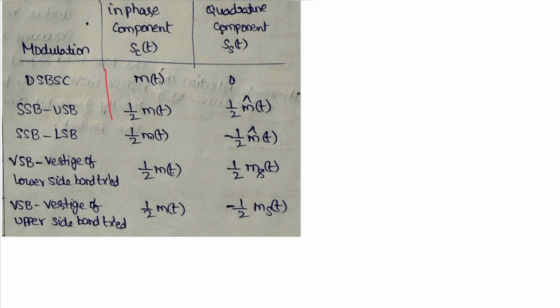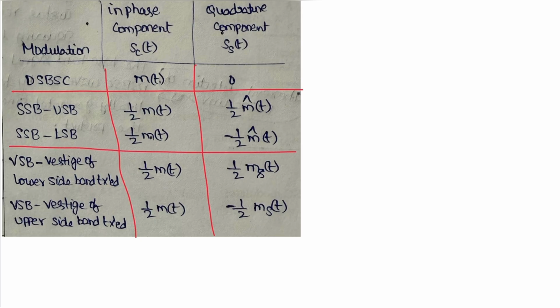If the signal is DSB-SC modulated, then the in-phase component is the message signal m of t and the quadrature phase component is 0. If the signal is SSB with upper sideband transmission, then the in-phase component is 1 by 2 m of t and the quadrature phase component is 1 by 2 m cap of t, that is the Hilbert transform.